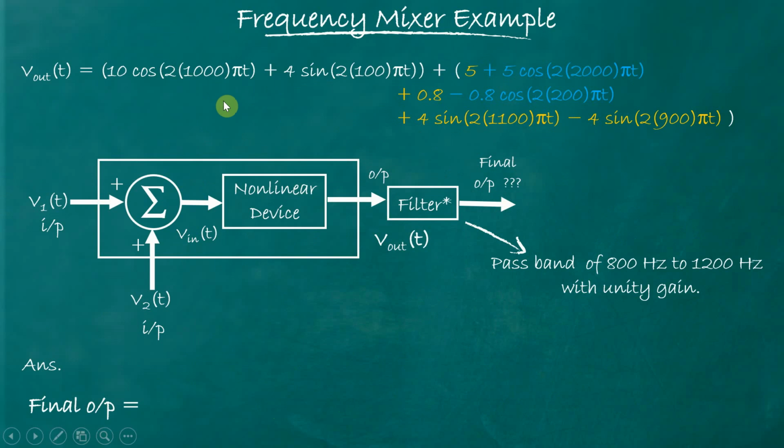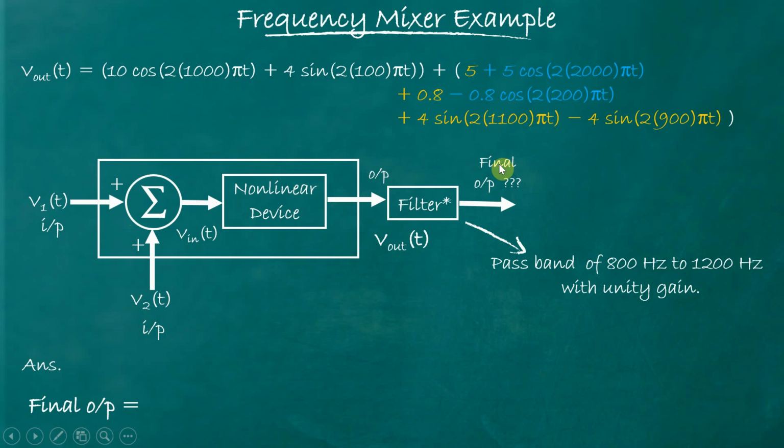So here the output expression is given. The passband of the given filter is 100 hertz to 1200 hertz with unity gain. So which frequency components would be available in the final output?